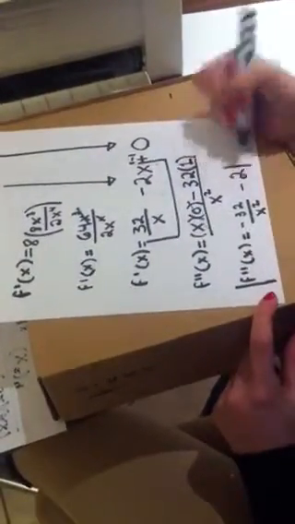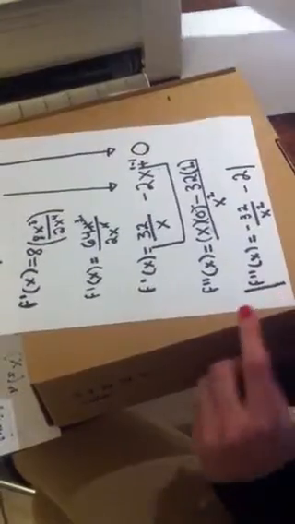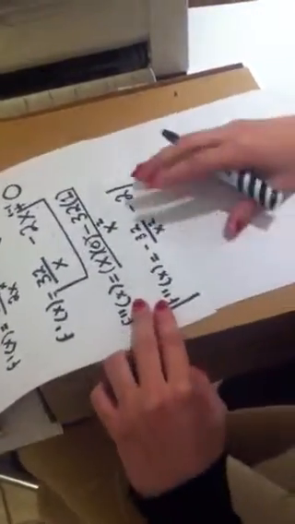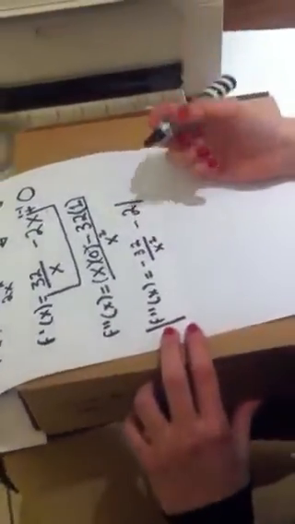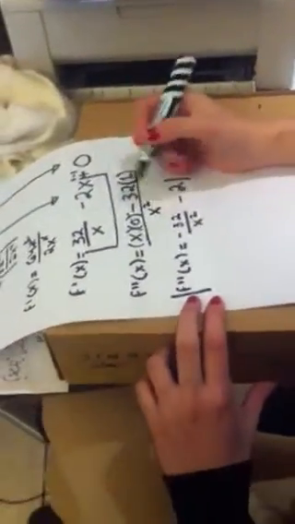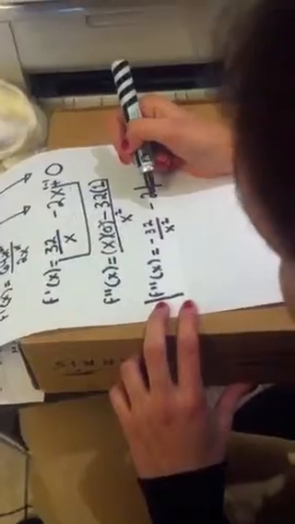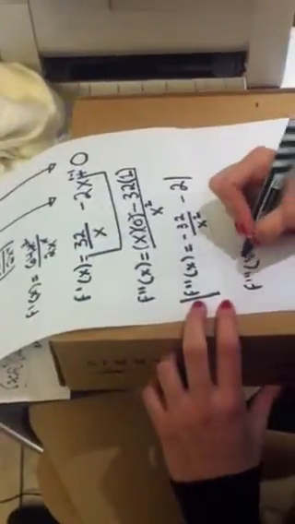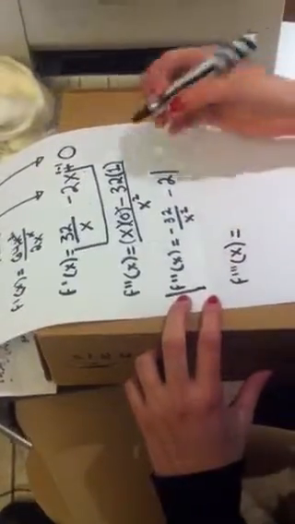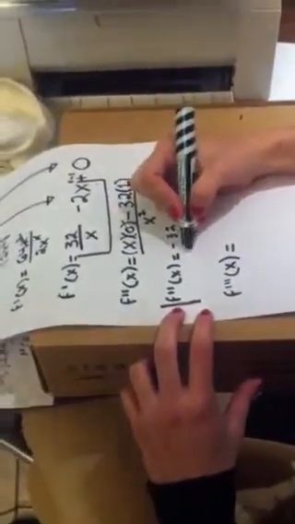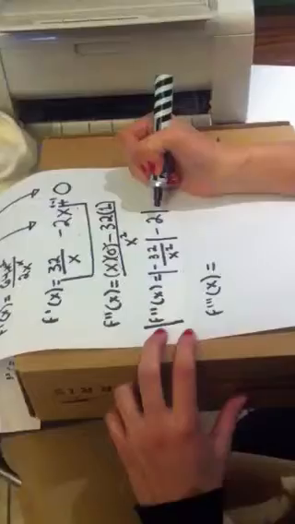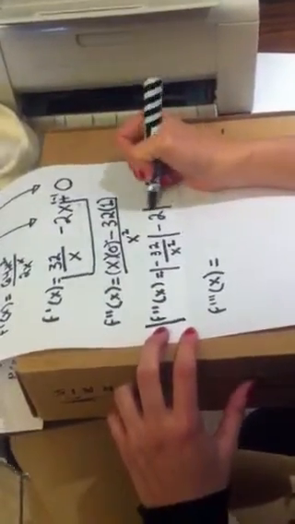This is the second derivative, but we need to find the third derivative. To find the third derivative, again we need to use the sum and difference rule. So first we need to find the derivative of this one, and then of the second term.